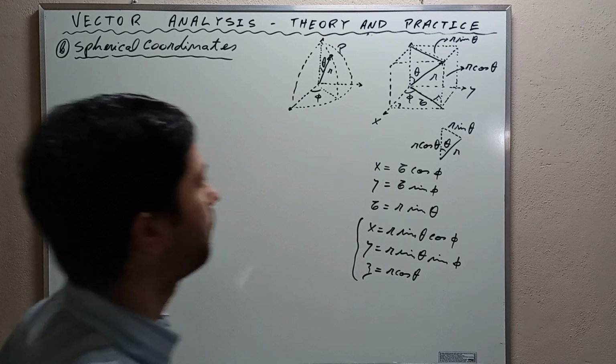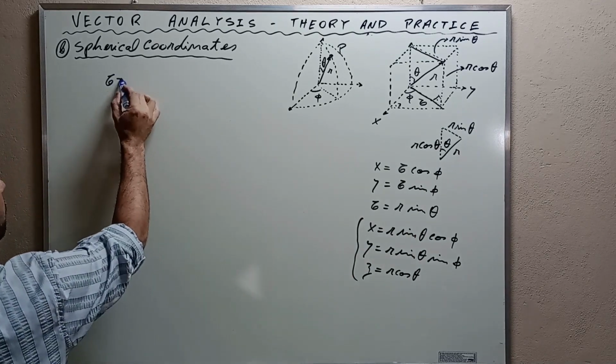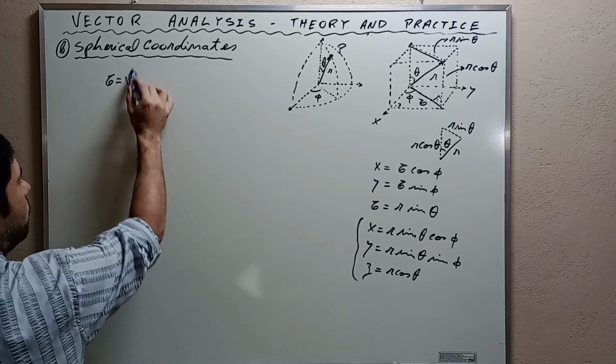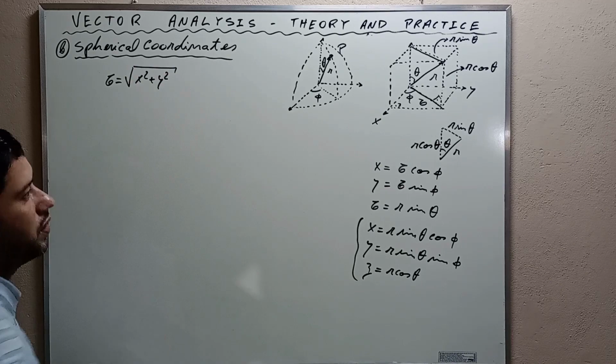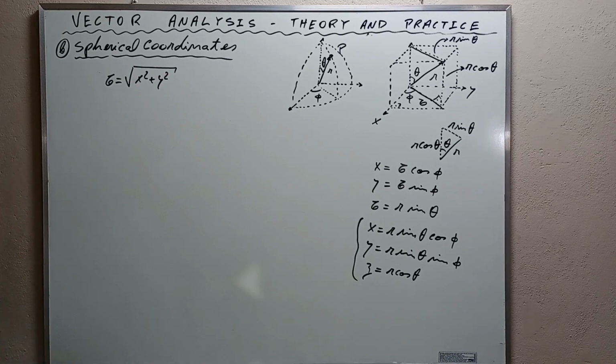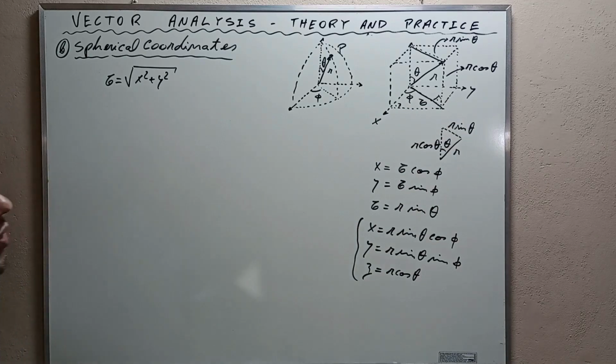Okay? So, tau is equal to the square root of x squared plus y squared. We know everything when we have to calculate on the plane, but we are now studying the space, not the plane anymore.